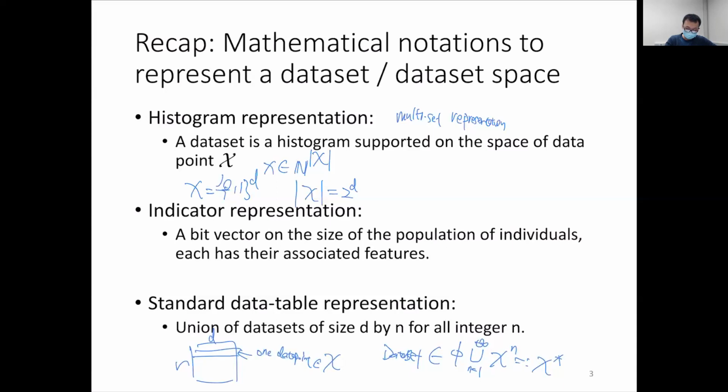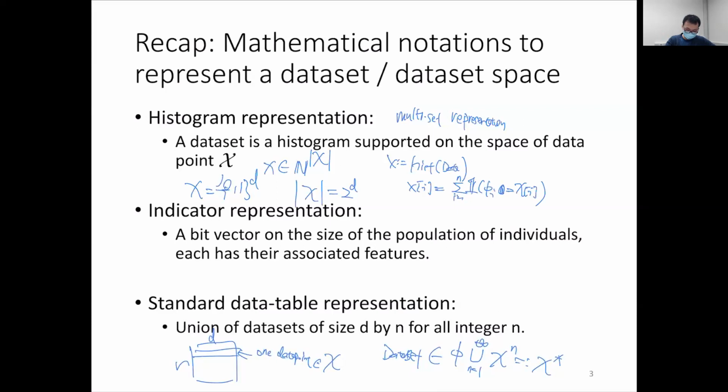We can also write hist of the data. So X is sometimes defined as the hist of the data, and then the ith coordinate is the sum of i from 1 to n of the indicator of whether this phi_i is equal to the ith element in the data space, and then basically you sum it up, right?